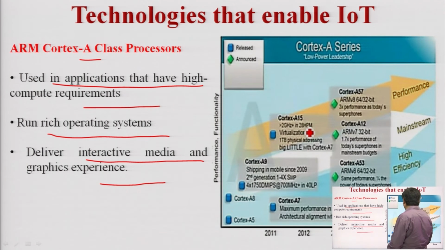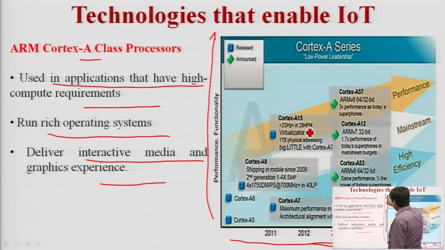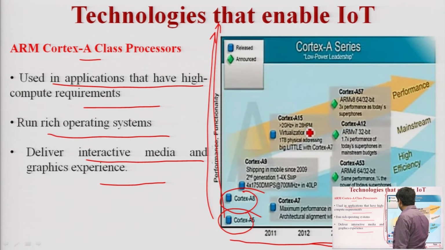Here you can see performance versus year. Going from 2011 to 2022, the performance is increasing and functionality is greater. The devices used in 2011, like Cortex-A5 and A8, have lower frequency. The A5 processor uses 400 to 800 megahertz.